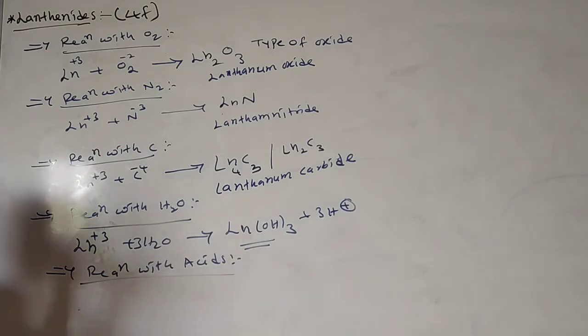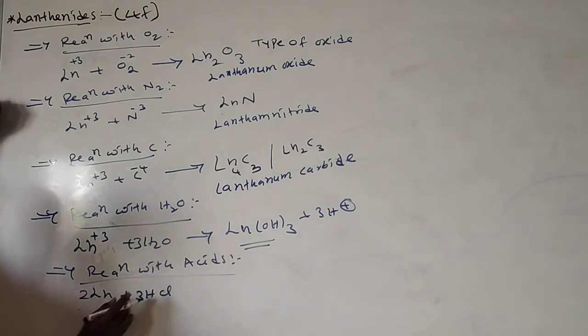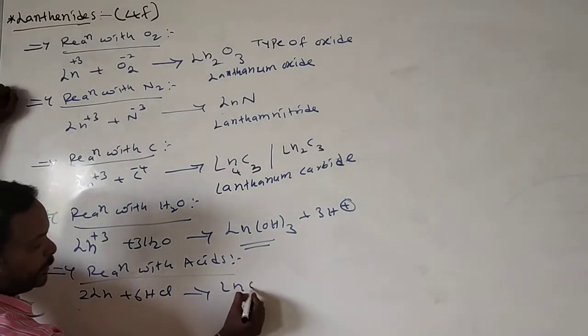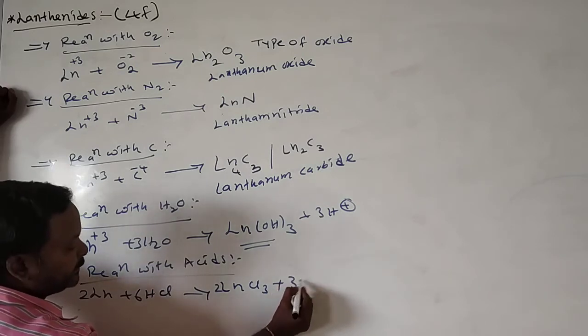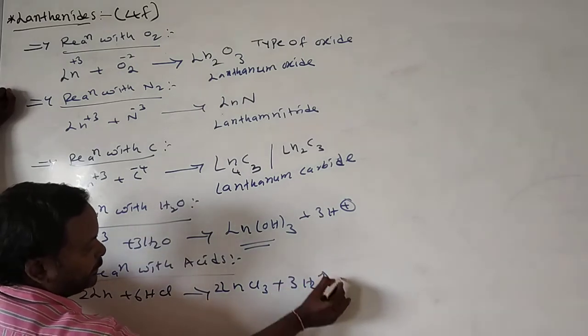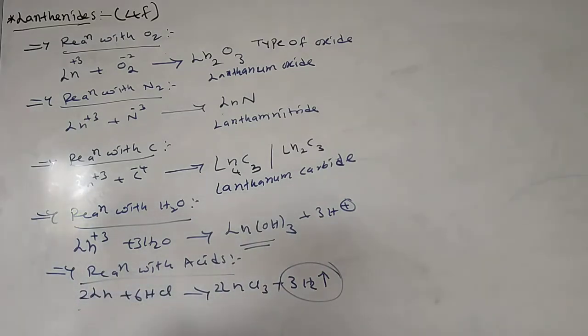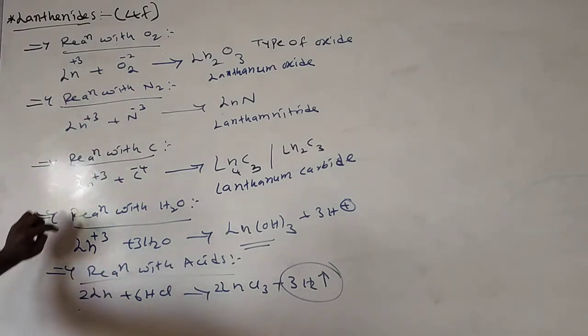Lanthanum reacts with any acid. You take 3 moles, or 2 moles, or 6 moles. It forms lanthanum trichloride, and by the formation of lanthanum trichloride, it releases hydrogen gas. This is one of the fundamental properties of an acid.